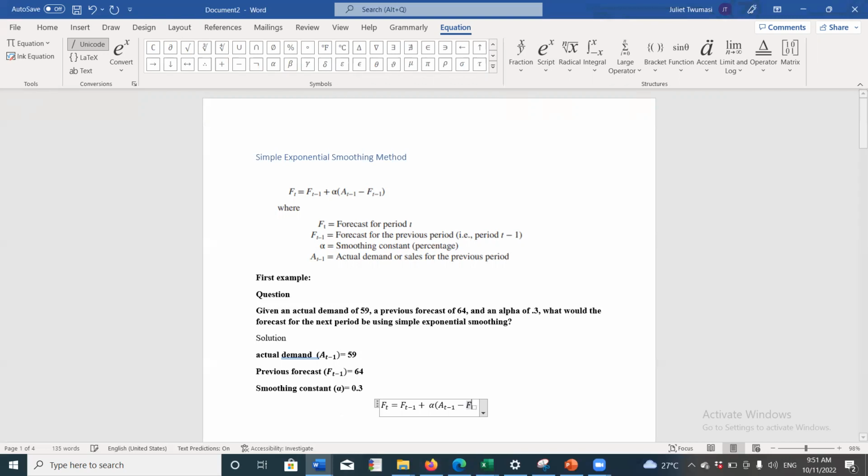Then you can go back and have your forecast for previous periods. So what is in the bracket gives us the forecast error. You multiply by the smoothing constant and add it to the forecast for the previous period to obtain the forecast for the current period. Okay, so what we have to do, you can bring the equal sign.